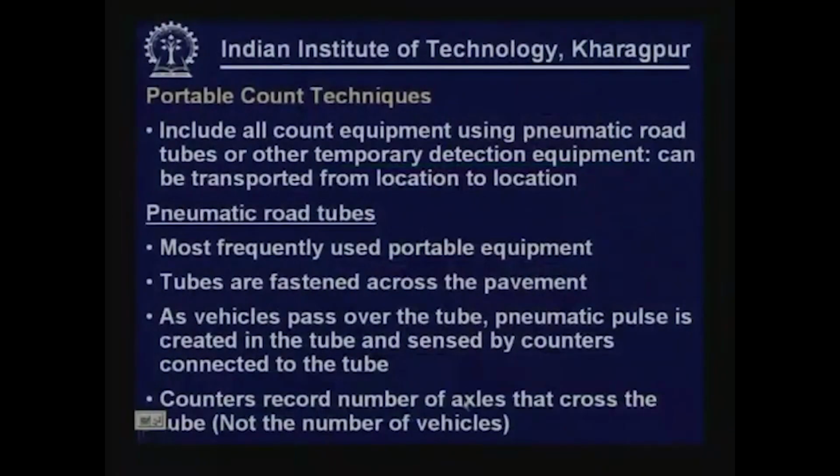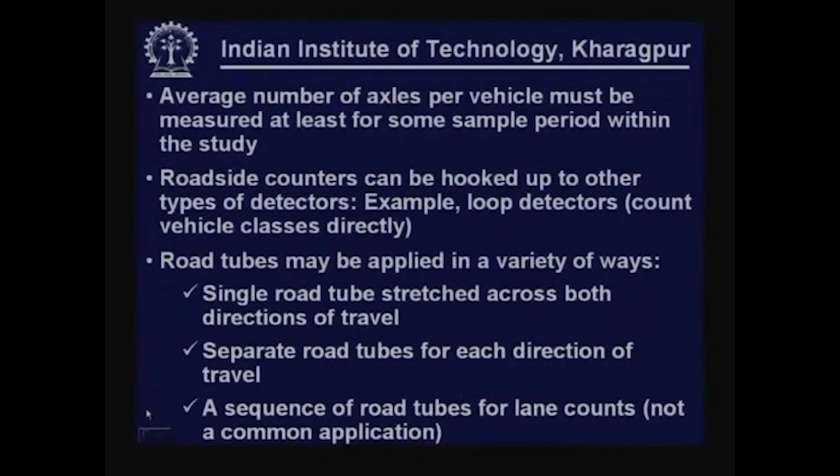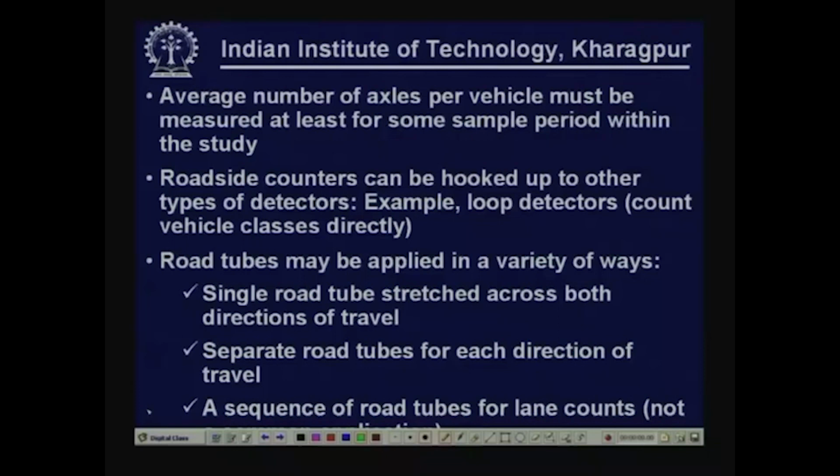So, it is necessary to carry out studies at least for some sample period to estimate the average number of axles per vehicle. Normally, I am sure many of you might be thinking it is 2 axles, but it is not really so. If you do traffic volume studies on highways, there are so many commercial vehicles which have maybe more than 2 axles.